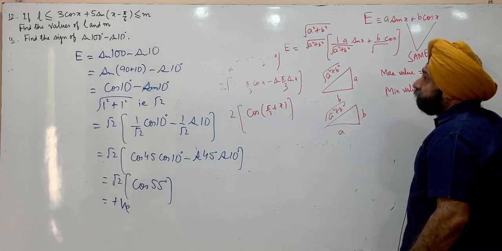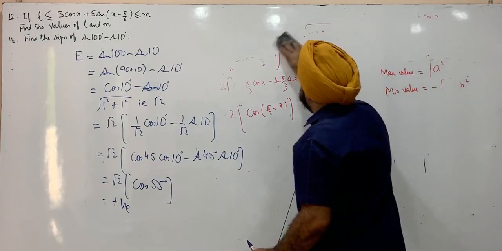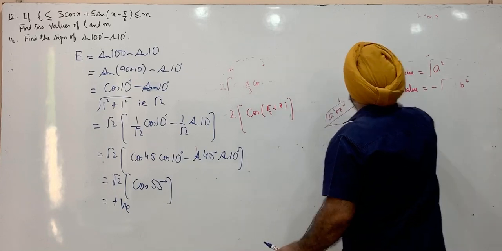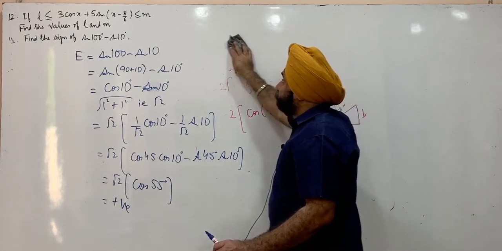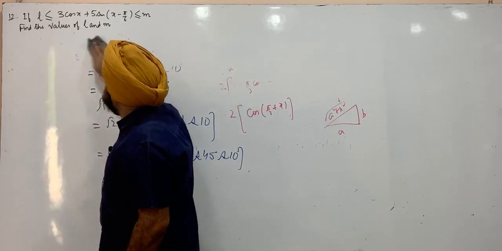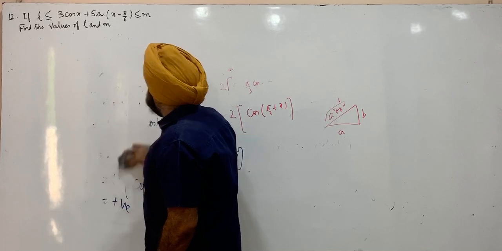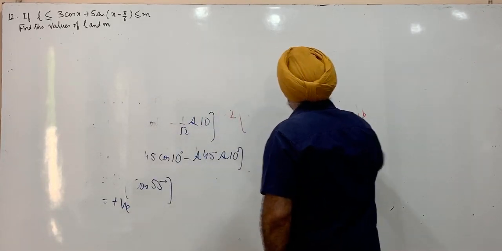The last one. We are given L is less than or equal to an expression less than or equal to M. We have to find the values of L and M. So can we say L is the minimum value and M is the maximum value? That means we have to find out the minimum and the maximum values of the expression.